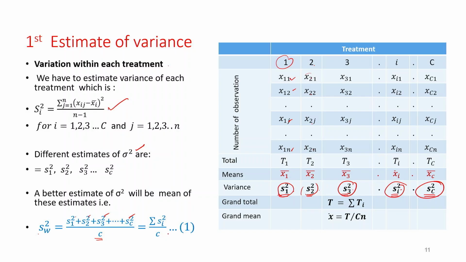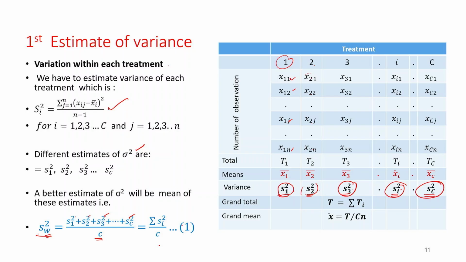This is the average variance. We write it as sigma square W, because in the calculation method we first find the variations within each treatment, club them together, and thereafter find the average value, and we call it sigma square W, variance within.